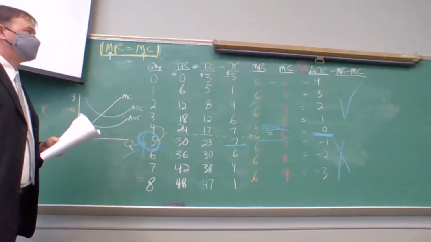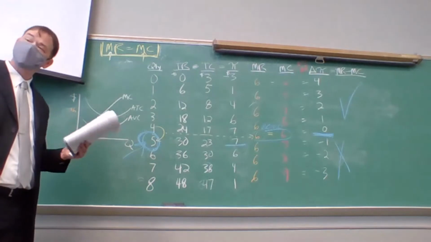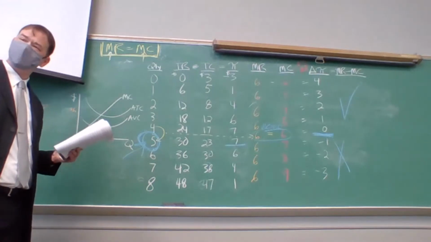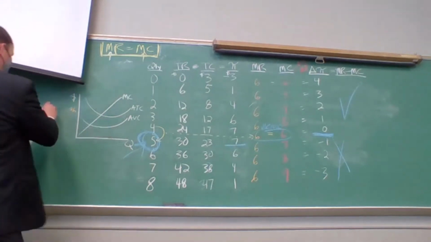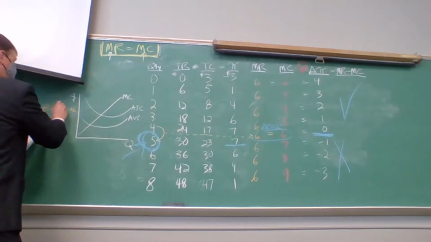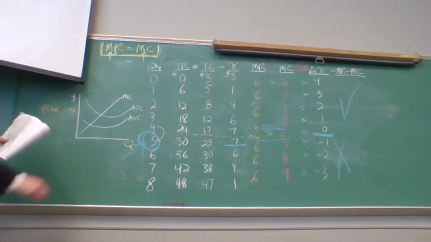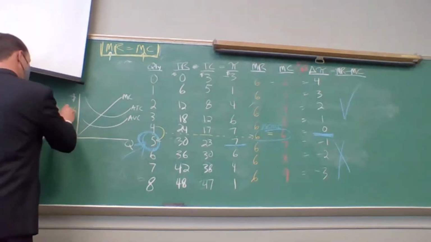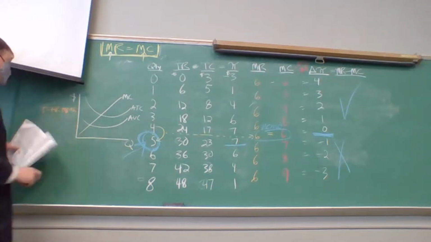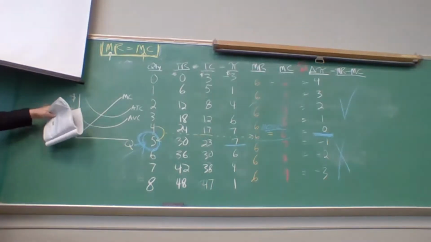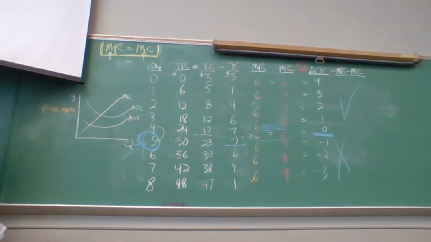It's also what? Remember the previous table, I'm sorry, what was my average revenue? It was also $6. What's my marginal revenue? $6. P equals AR equals MR equals 6.